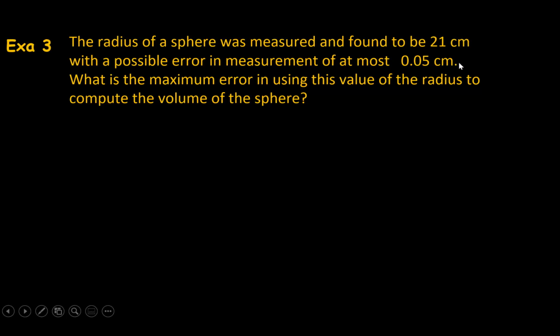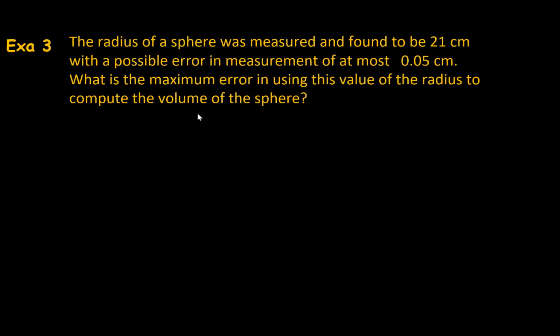Now, because of the error on the radius, you will have error on the volume of the sphere. And we want to compute the maximum error when you use this measurement to compute the volume of the sphere. In other words, what's the worst scenario? Your answer could be away from the actual volume.